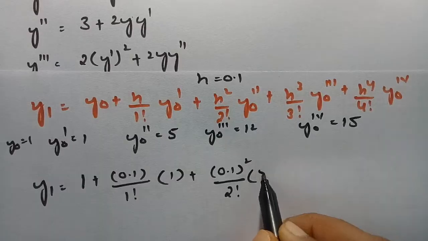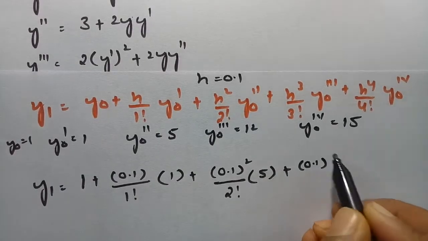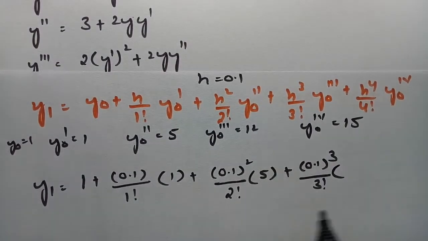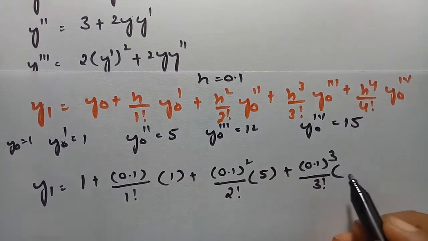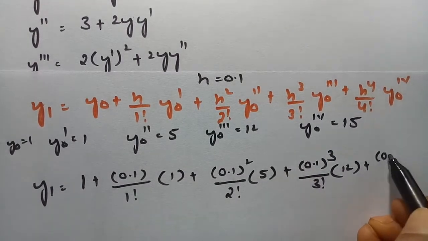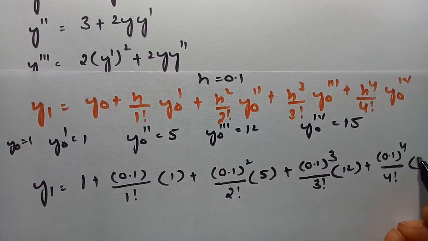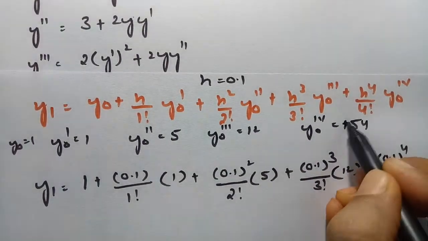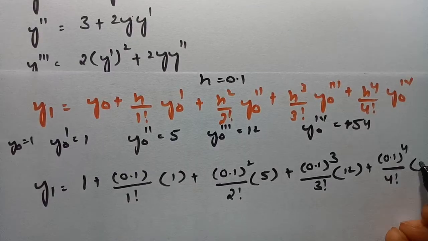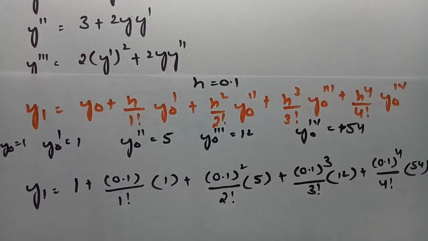So y naught double dash is 5, and this is 0.1 whole cube by 3 factorial into y naught triple dash. This value is 12, and this is 0.1 whole power 4 by 4 factorial into this value, see here, this is 54, this is not 15. So this value is 54.